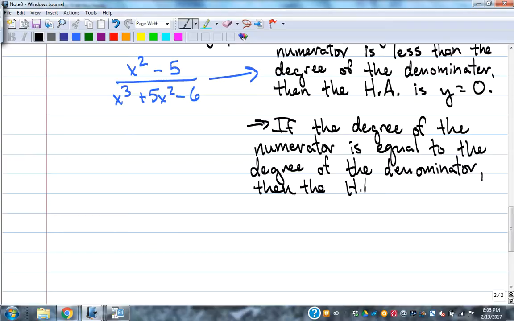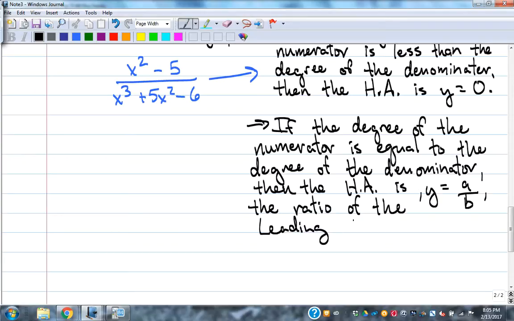Then the horizontal asymptote is y equals, we'll call it A over B, the ratio of the leading coefficients. I'll write an example here off to the side.